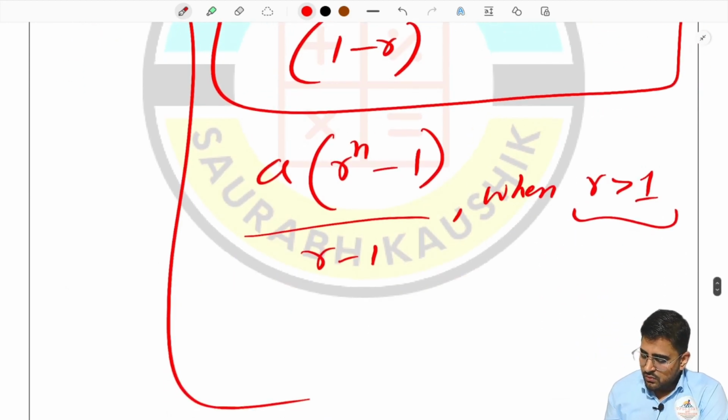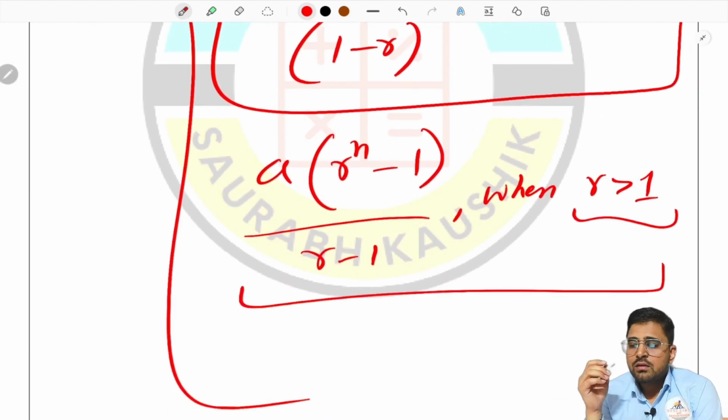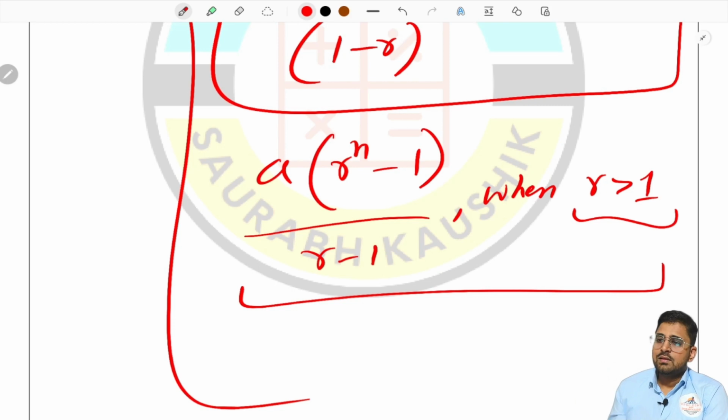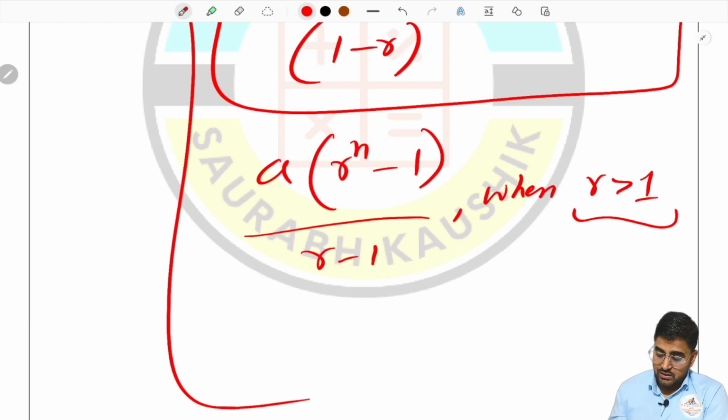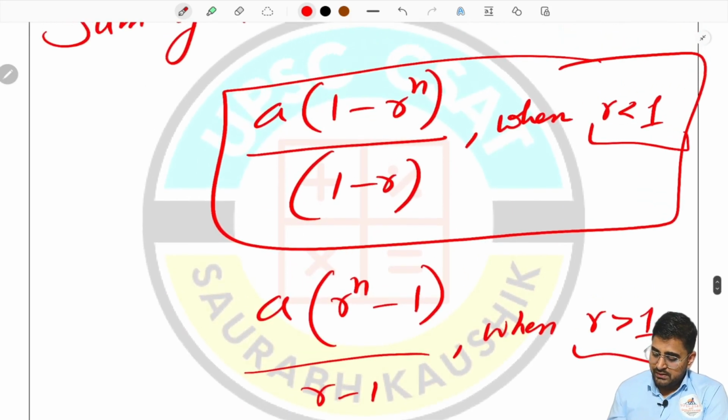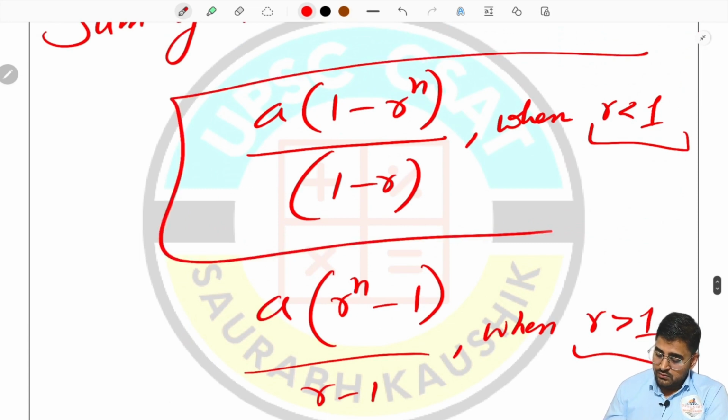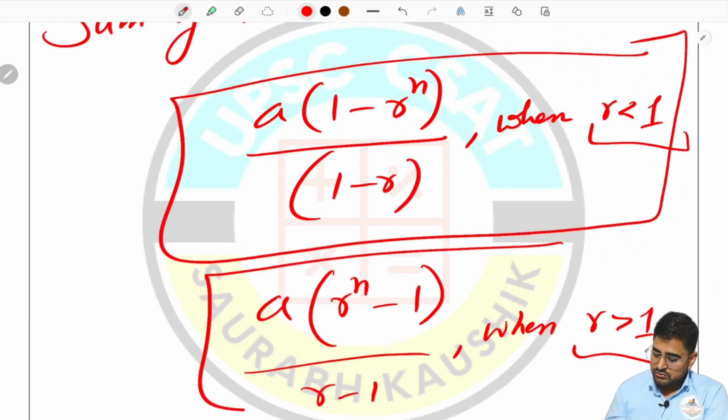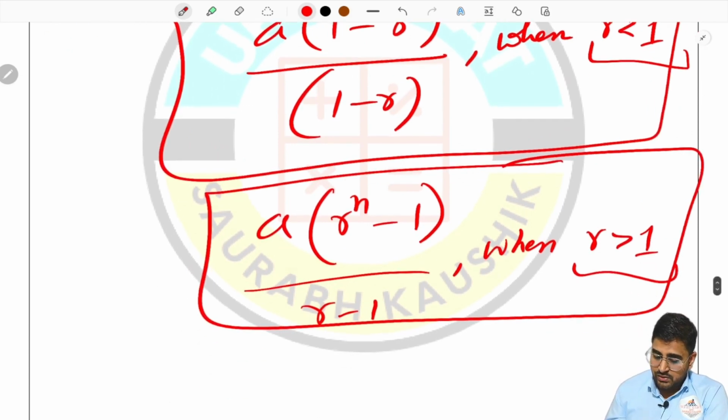When your ratio is dominant, meaning more than 1, then you have to use the other one. These are the basic formulas to calculate the sum of the GP.